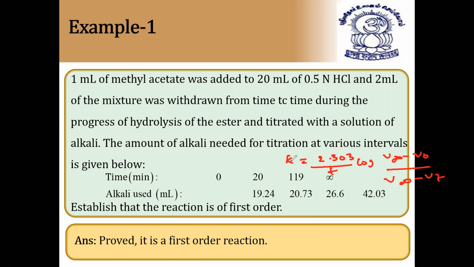Use this formula and you will notice that it is based on first order kinetics. If you observe the two intervals, the value keeps increasing with respect to time. For 0, it is 0. After 20, 19.24, after 119, 20.73, and at infinity 26.6.